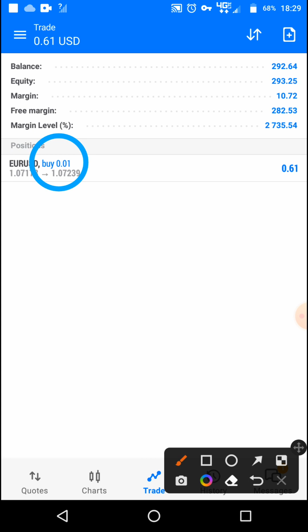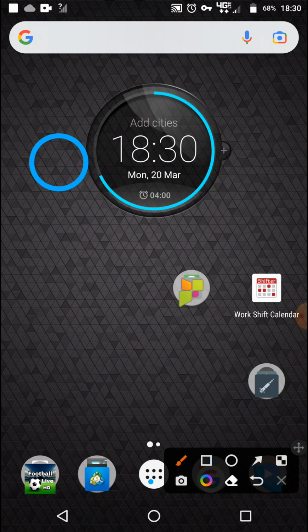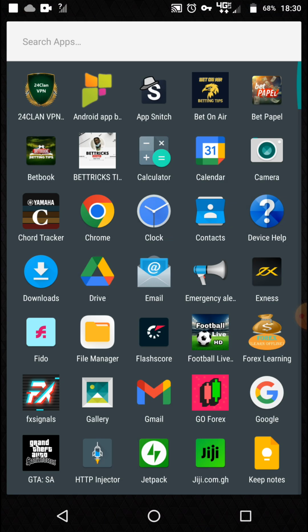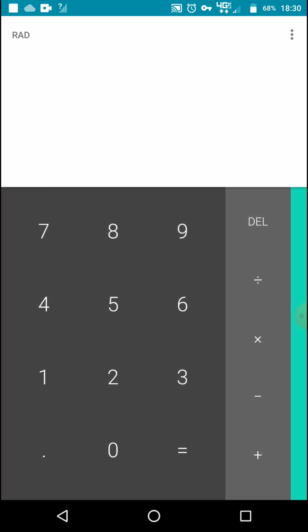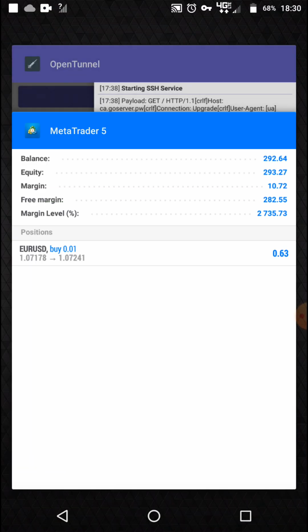You ask yourself, how many pips has it moved that we are getting 60 cents? So that's about 6, right? Because when you multiply, let's go back home, open calculator. So when you multiply 0.10 cents times 6, it gives you 0.6. Okay, that's what has happened here.